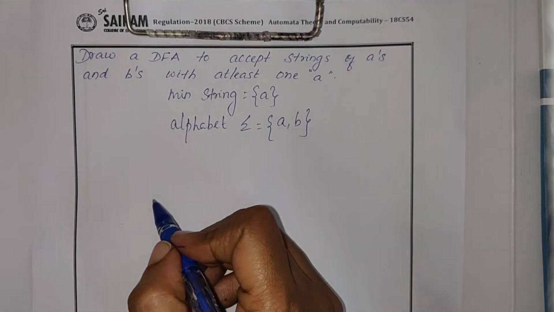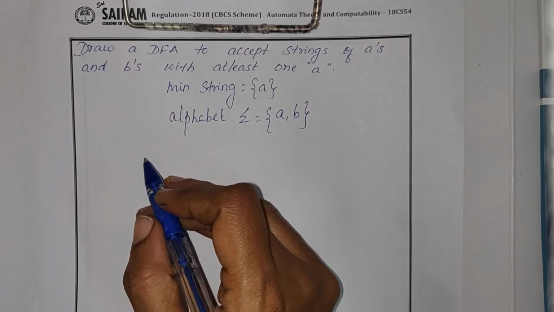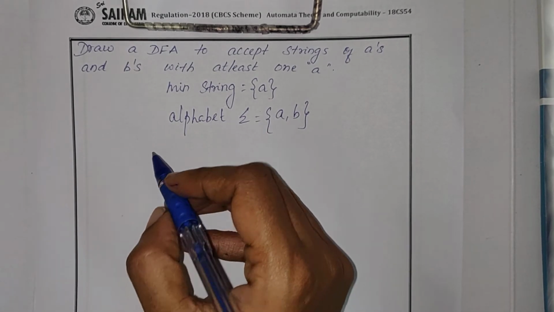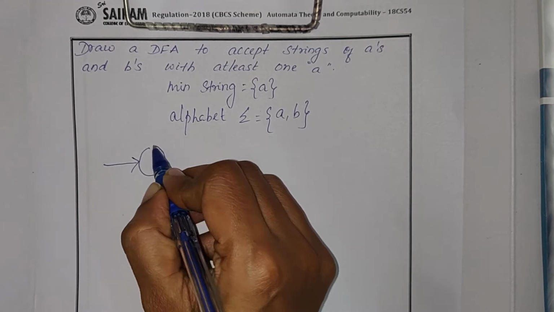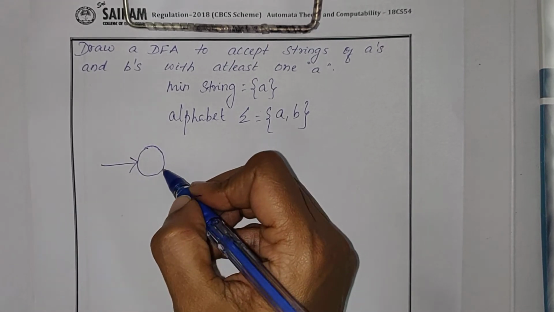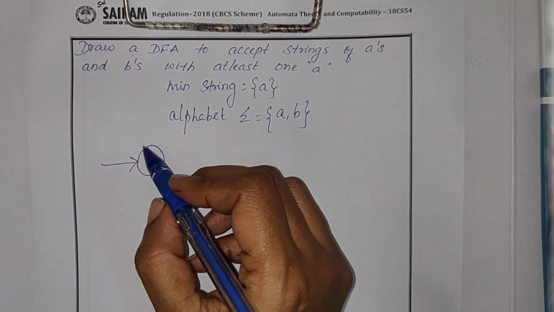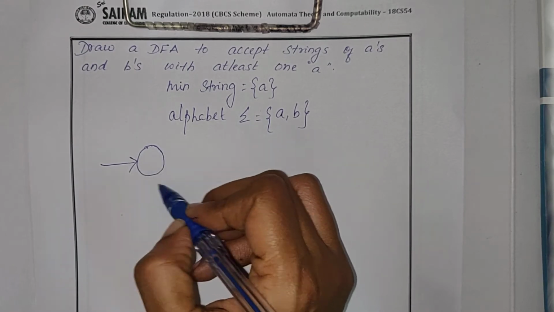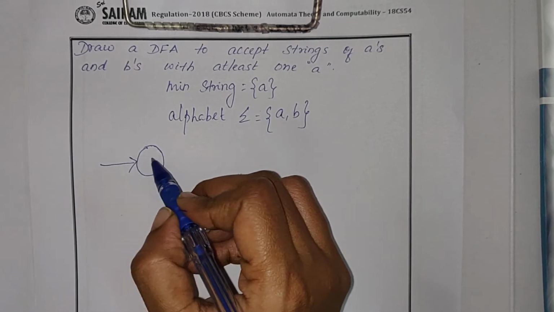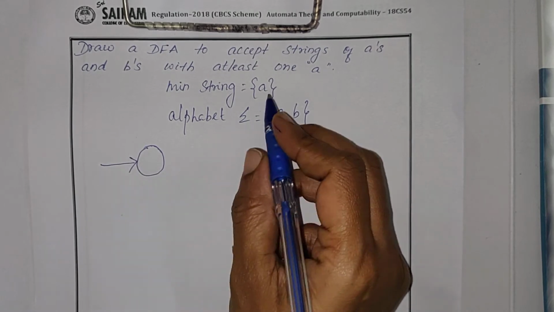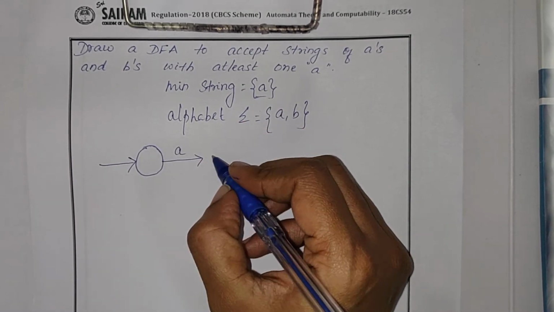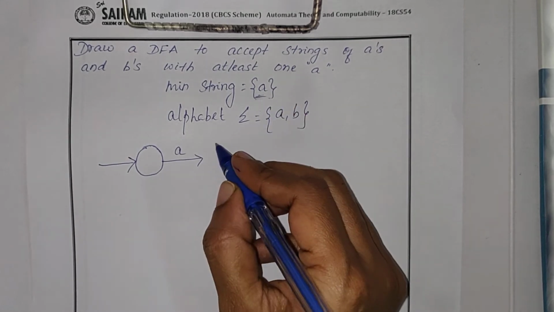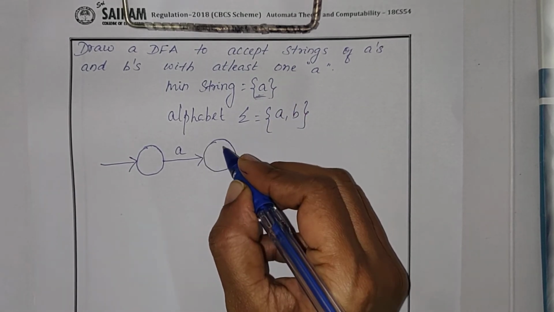Now I have to start my transition diagram. This is my start state: a circle with an arrow is your start state. Then you write the pattern. I have only one character in my pattern, so I write the character and add one more state.